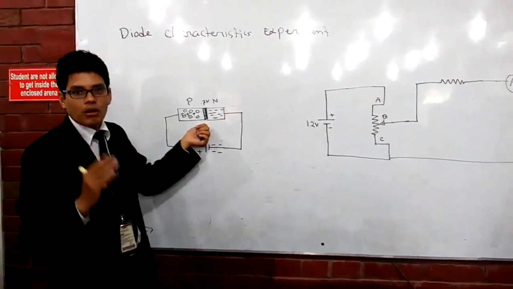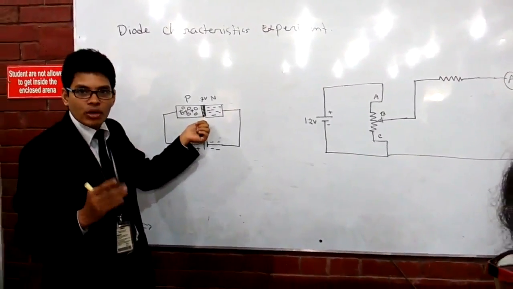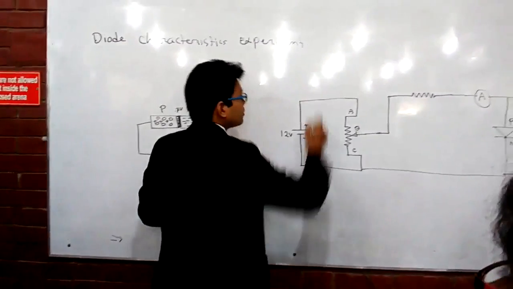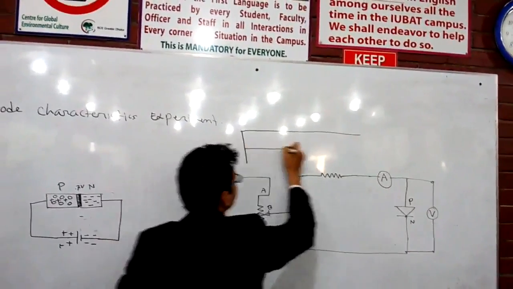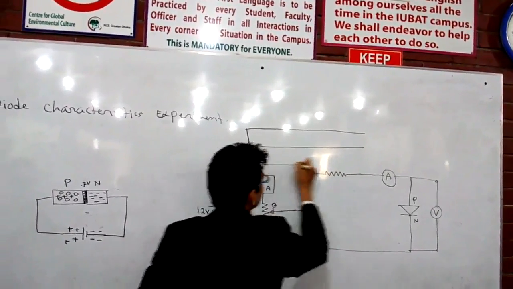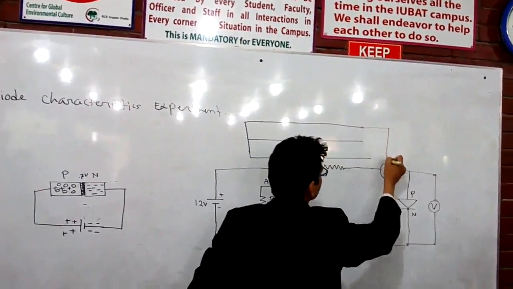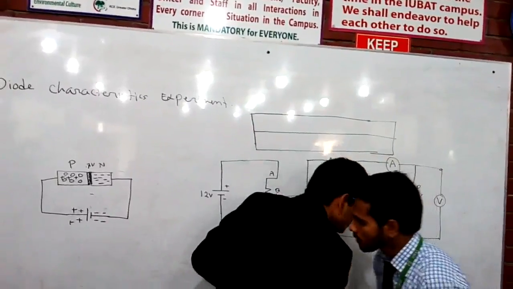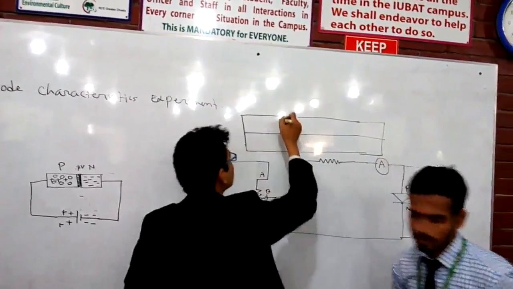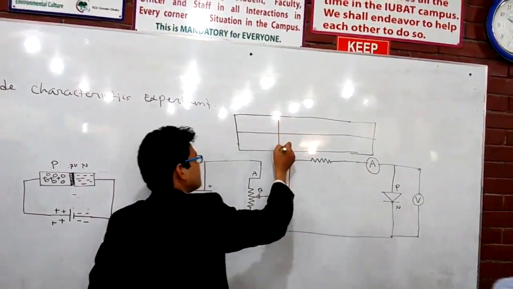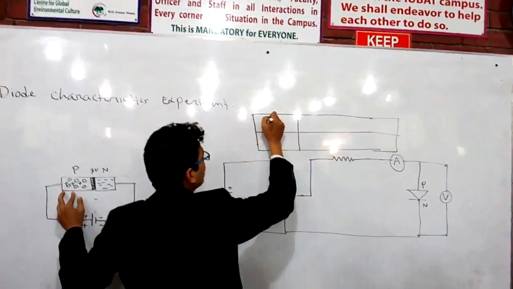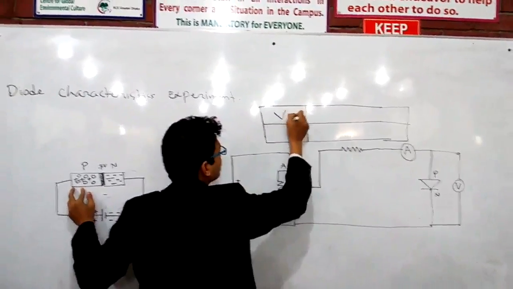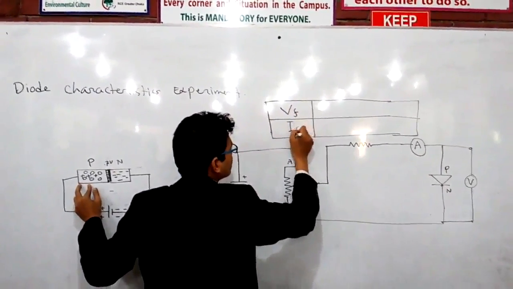We'll start from 0.1. First of all, we will apply 0.1. So let's draw a table. This table we will make today. Okay, listen. So that is forward voltage VF, and that is forward current.